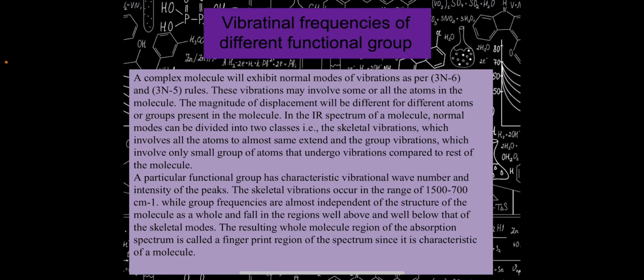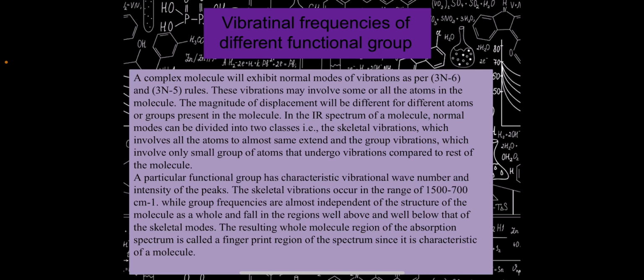Now the vibrational frequency of different functional groups. A complex molecule will exhibit normal modes of vibration as per the 3N-6 and 3N-5 rules. These vibrations may involve some or all the atoms in the molecule. The magnitude of displacement will be different for different atoms or groups present in the molecule.